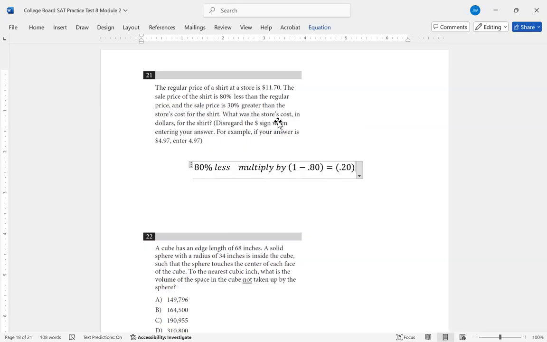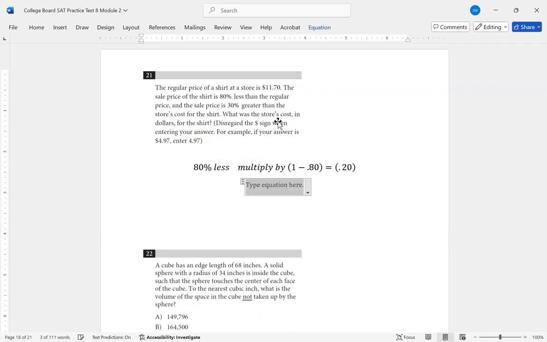As a percent put into decimal form, 100% is 1, 80% is 0.8. And in a similar vein, when we talk about 30% greater, that's a multiplication by 1 plus 30%, which as a decimal is 0.30, which is a multiplication by 1.30 or just 1.3. Doesn't matter how you write that.